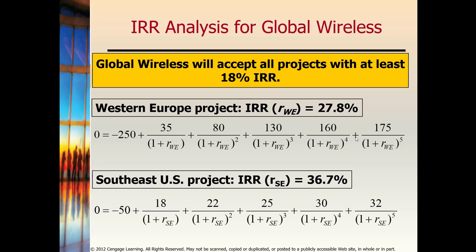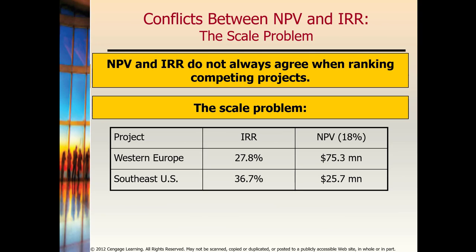So both techniques are very popular. However, these two techniques do not always give you a consensus suggestion. So let's look at this Western Europe project and the Southeast US project.